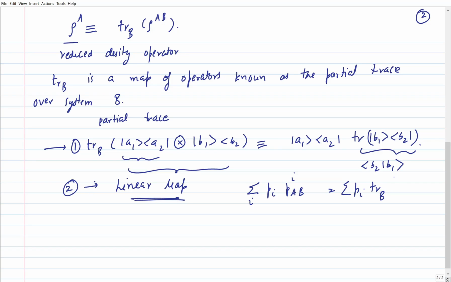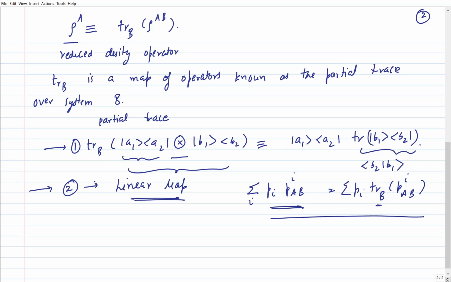I'll trace out the system B. With these two properties, I can calculate the partial trace of any composite state rho AB, whether in a tensor product form, or I can break it down into convex combinations, take the partial trace of each of the constituents and do it.